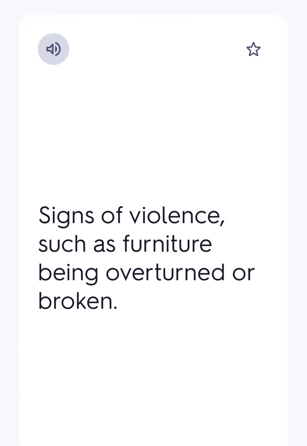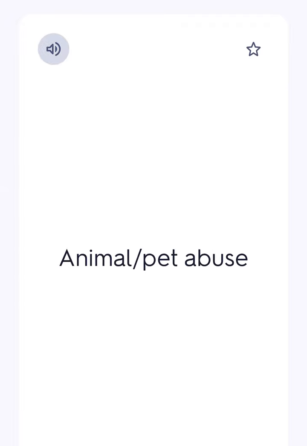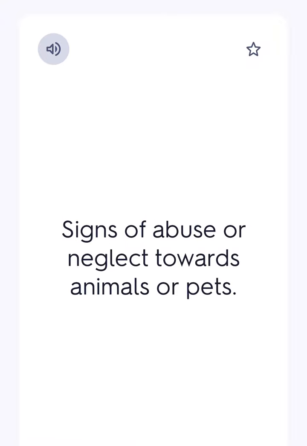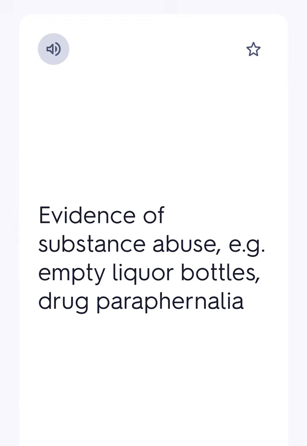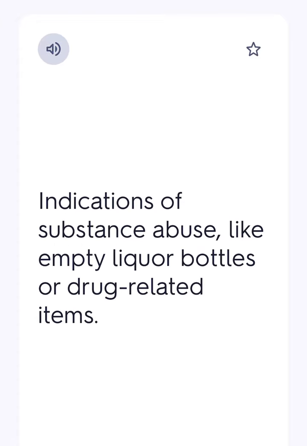Signs of violence, such as furniture being overturned or broken. Animal/pet abuse. Signs of abuse or neglect towards animals or pets. Evidence of substance abuse, for example empty liquor bottles, drug paraphernalia. Indications of substance abuse, like empty liquor bottles or drug-related items.